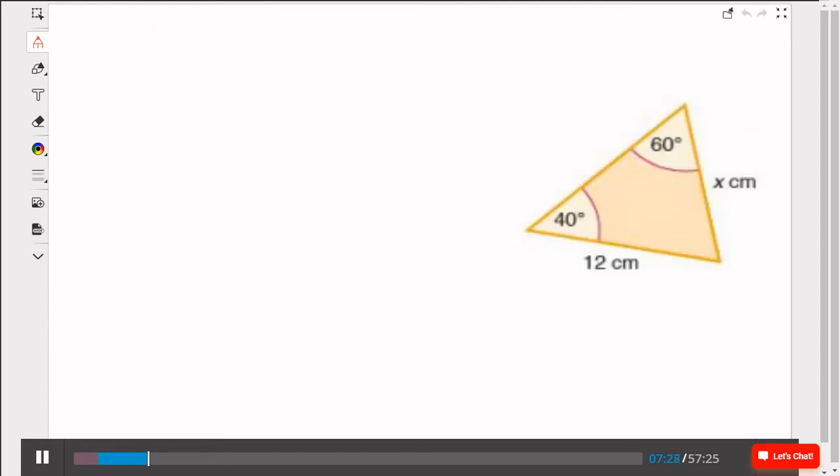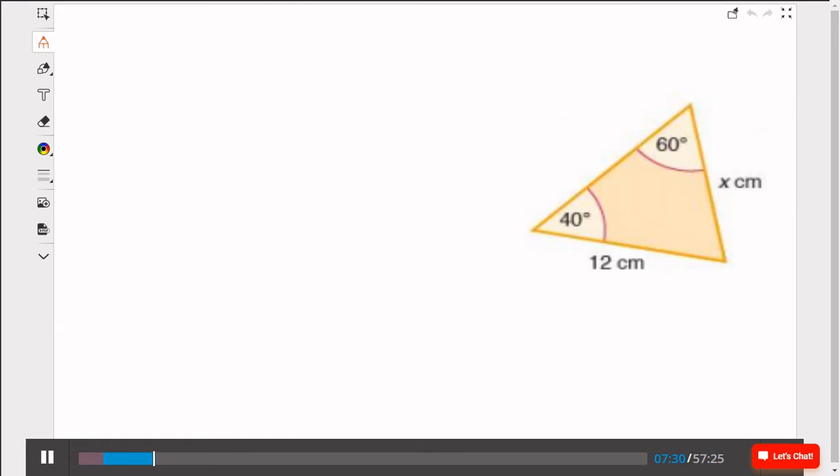If you want the third angle, you can get it, about 80 degrees, by the angle sum property. However, if you want to apply any of the 6 trigonometric ratios, like sine equals opposite over hypotenuse, that won't be applicable here. So we can't really apply any of the trigonometric ratios in this situation.